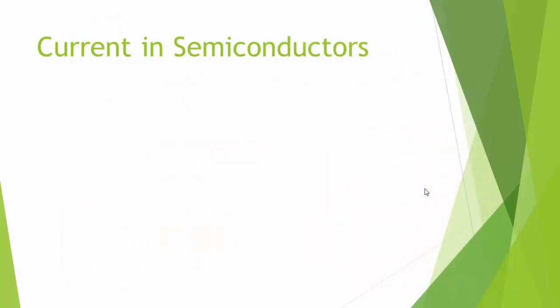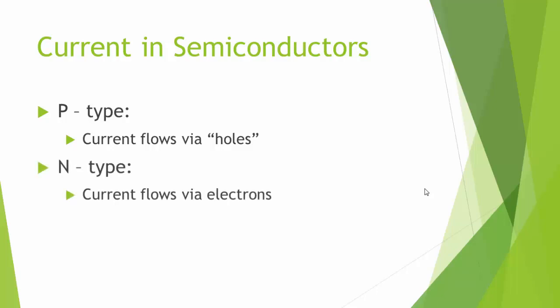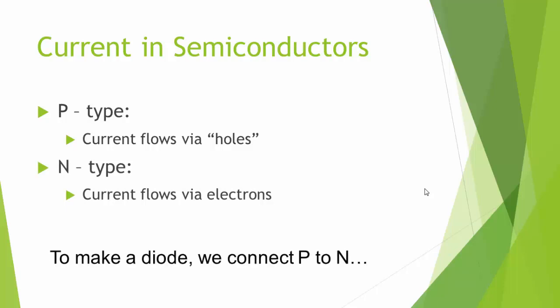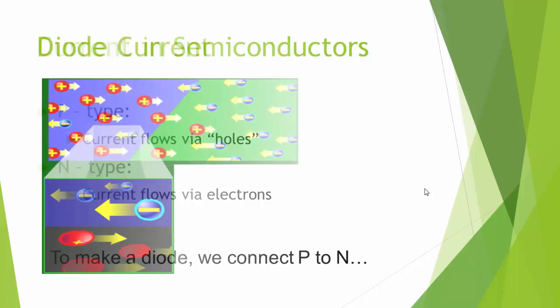Now when it comes to current in semiconductors then, in the p-type, the current moves through these holes, moving from one atom to the next, or one matrix to the next. And in n-type semiconductors, the current flows via those electrons. If we want to make a diode, we just need to connect the p-type semiconductor to the n-type semiconductor.